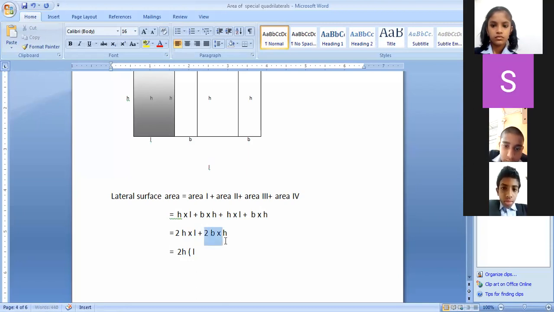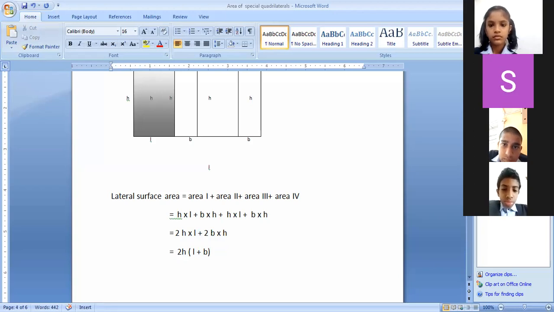The operator before it is plus, right? Keep it there. Now consider this term. We took 2h outside. What's remaining there? B. Okay. 2h into L plus B.